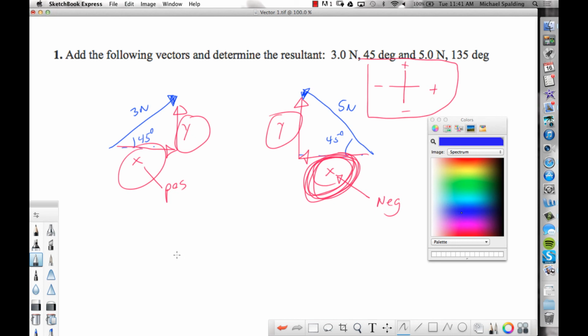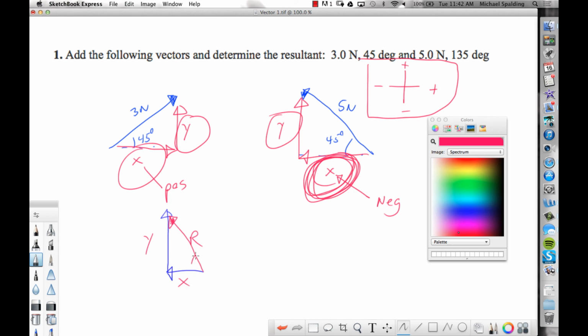Once you have total X and total Y, for this problem the total X comes out negative, the total Y is positive. Notice, am I measuring things with a ruler? No, that's graphical. Just eyeball this. And then how do we get this answer here? Pythagorean theorem, because you know your X, you know your Y. To get the resultant, you do Pythagorean theorem.